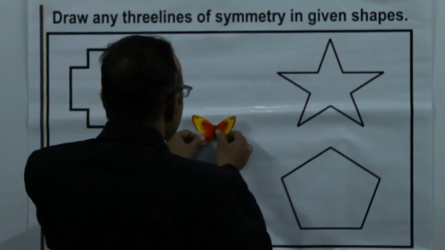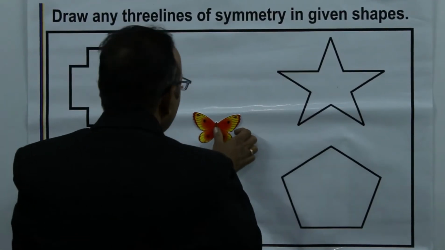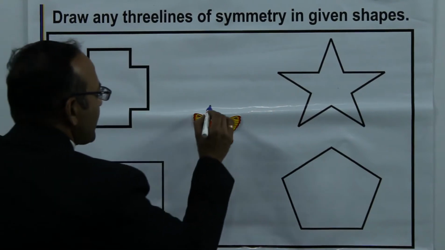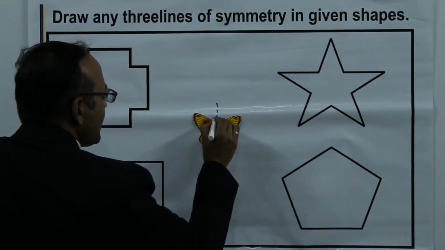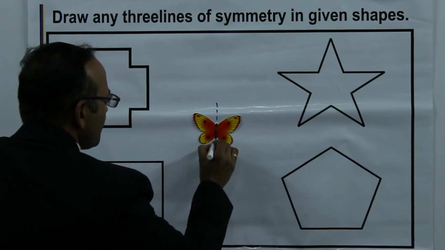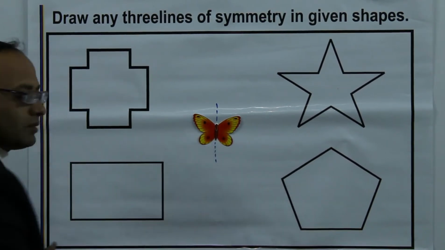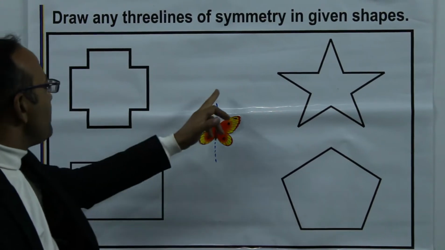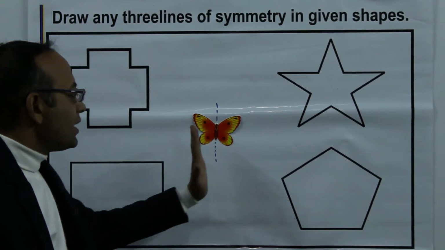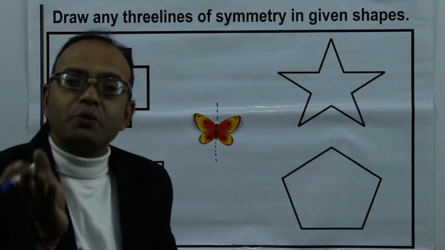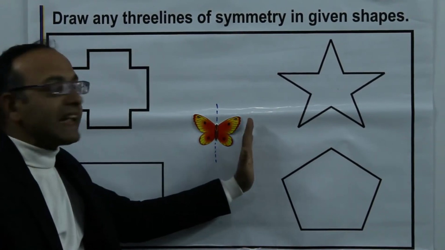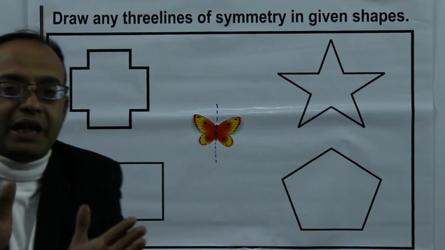Now you can see here this figure has the line of symmetry, because we can divide it into two equal parts with the help of a line, into two equal mirror parts. The first part is 100% equal to the second part.